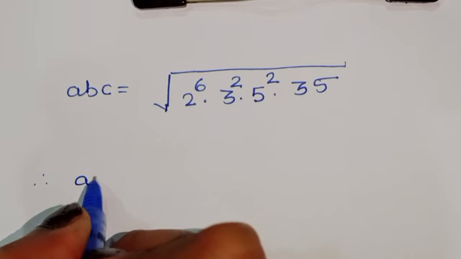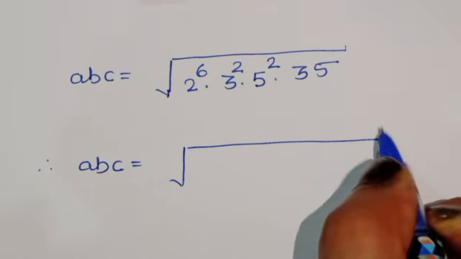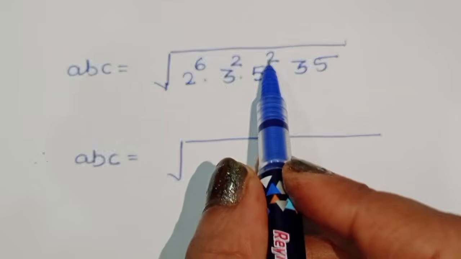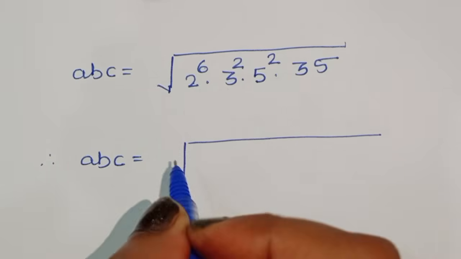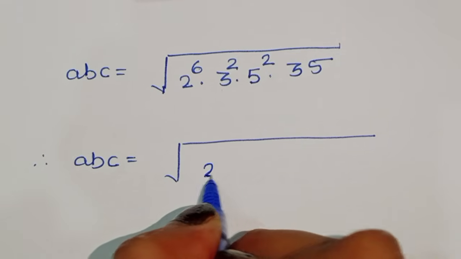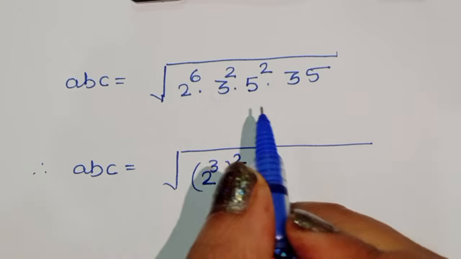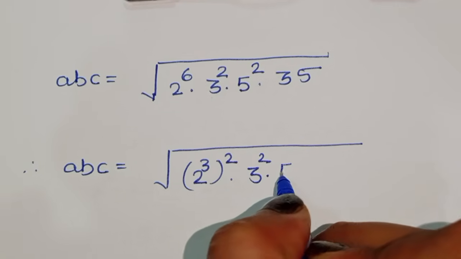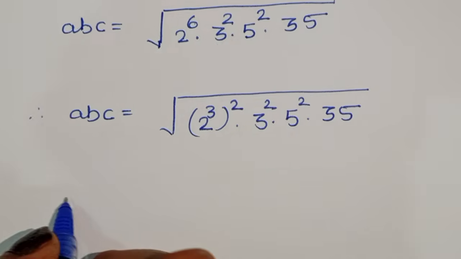Now 2 power 6 can be converted into a square form: 2 power 3 power 2, since 3 2s are 6.